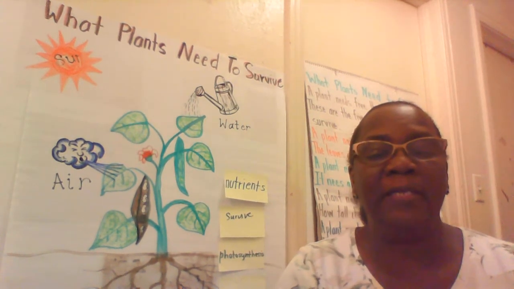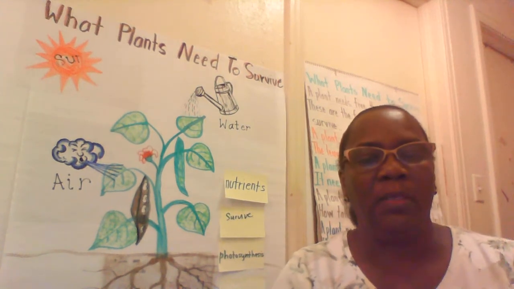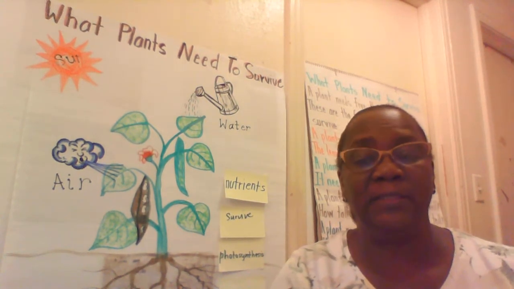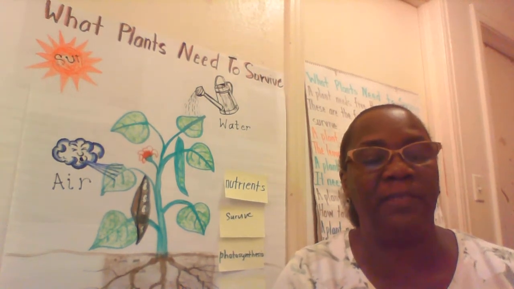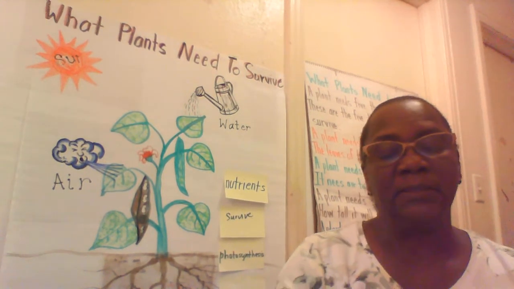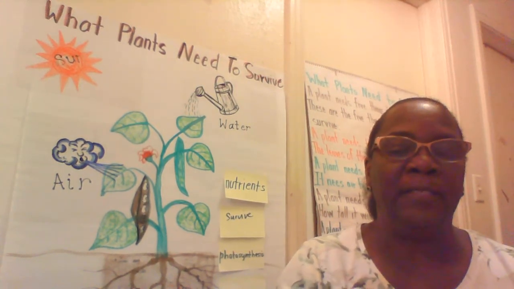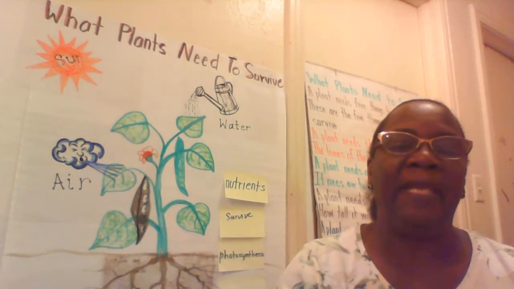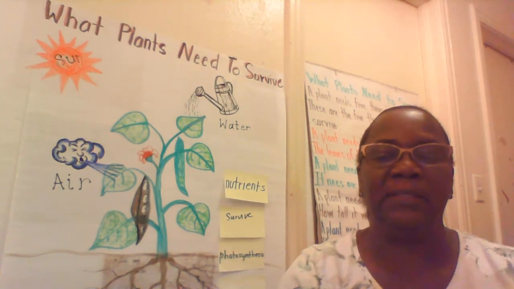So, what did we learn today? Today we found out that plants need sunlight to keep them warm and to provide the energy that they need to make their own food. We also learned that plants are the only things that make their own food, but in order to do that, they have to go through a process called photosynthesis.